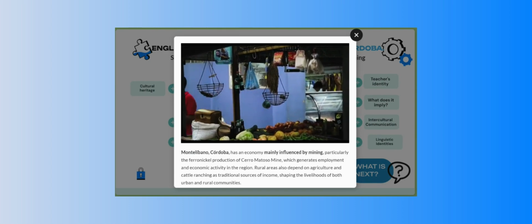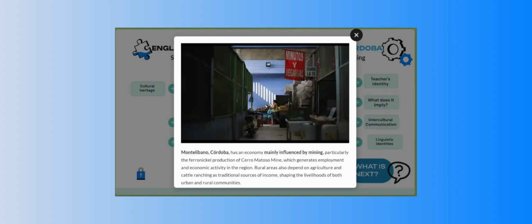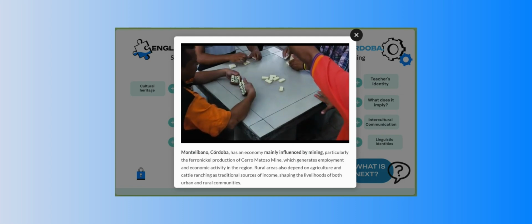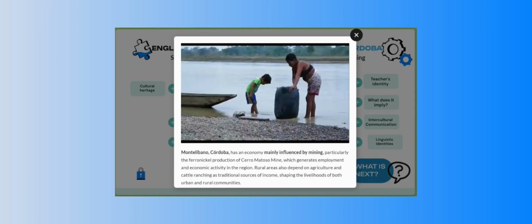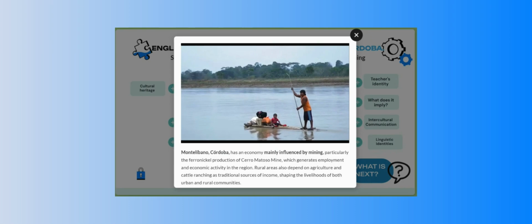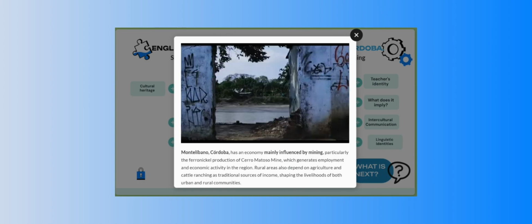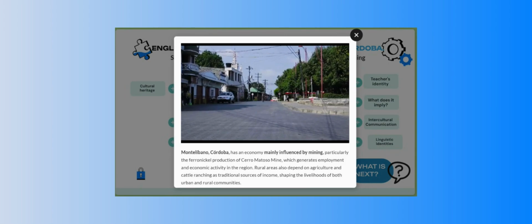Here, it is also important to mention that all these economic and social activities are not explicit in the curriculum and contexts that are taught in this school. So it's closely connected to what we mentioned before, that learning can be decontextualized from their realities.